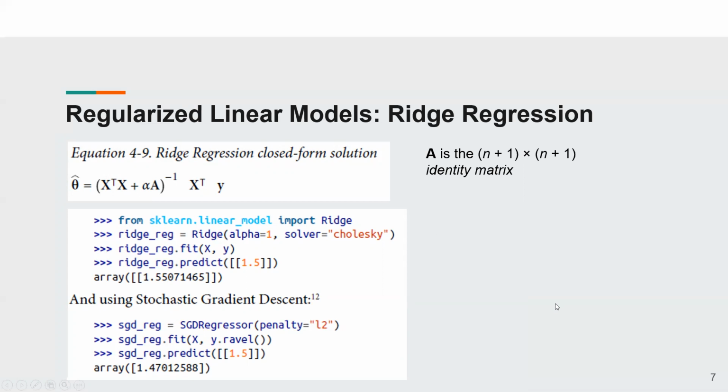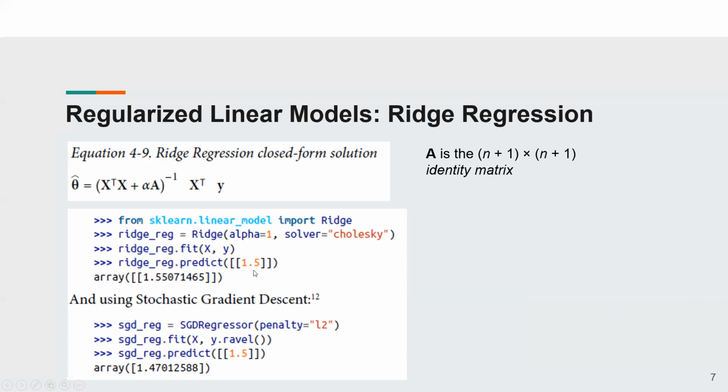Specifically in scikit-learn, you could leverage the Ridge class, and here Ridge uses alpha equal to 1, uses a specific solver, and tries to use ridge regression to fit x and y. Once the model is fit, you can predict for a specific value of x.